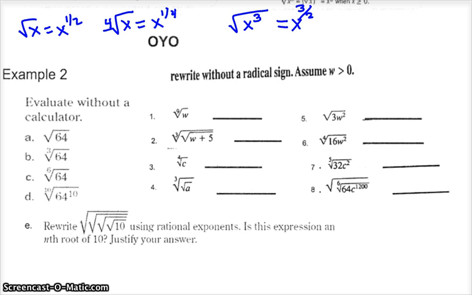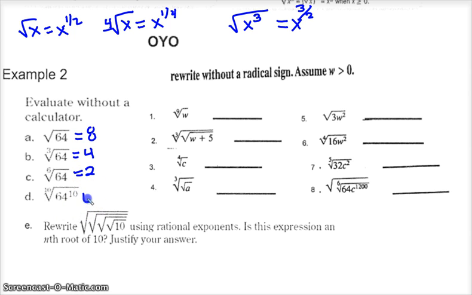Check out example number 2. I'm going to find the different roots, and we're going to try to not use a calculator here. The square root of 64 we know is 8. The cubed root of 64 is 4. The 6th root of 64 is 2. And how about this?